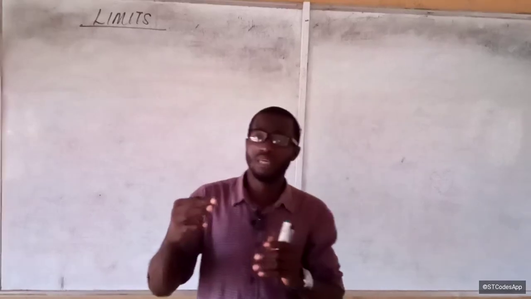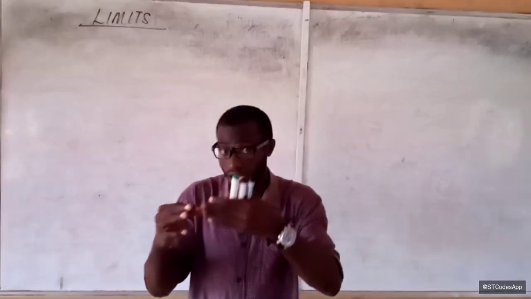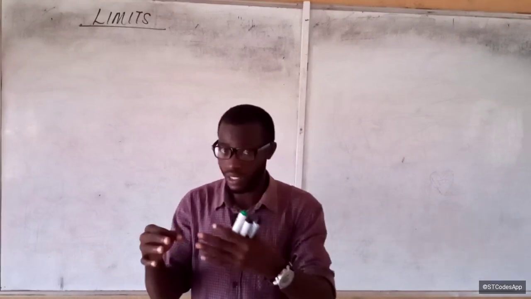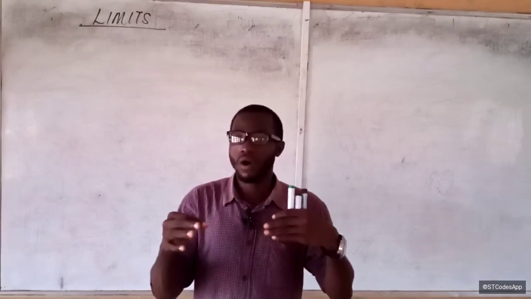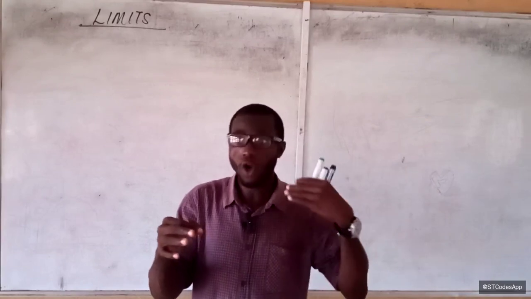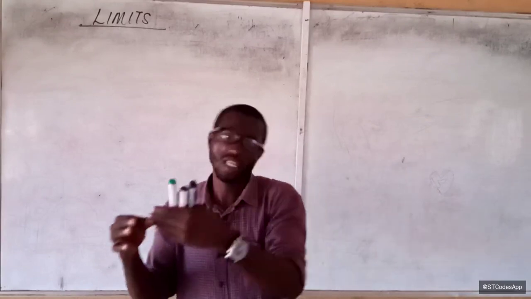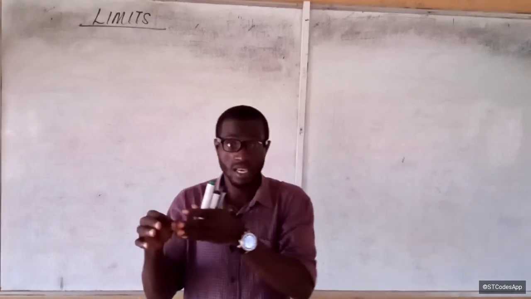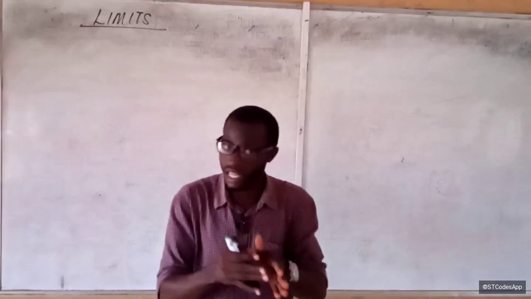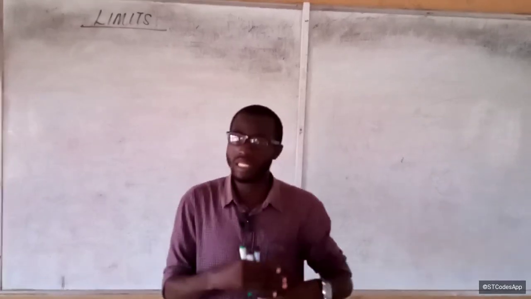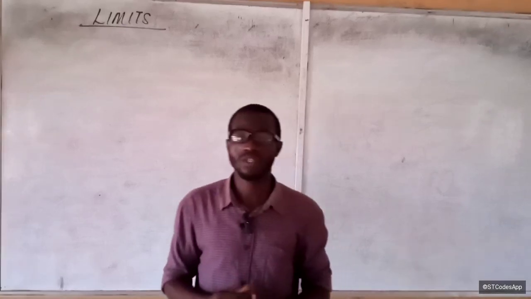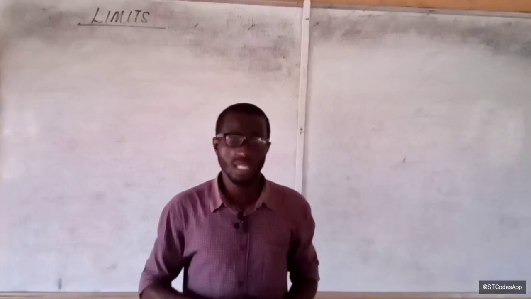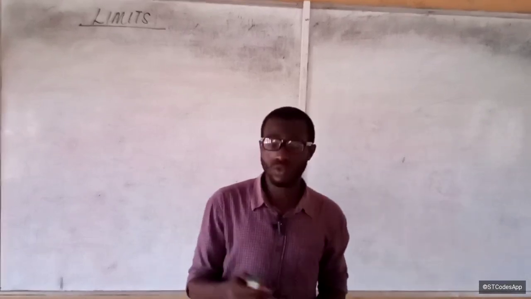So sometimes a function can attain a limit and will never go beyond it, or it can only approach it, that is, cannot really attain it. So it is either that a function can attain the limit or can only approach the limit. So those are the possible conditions we might have.